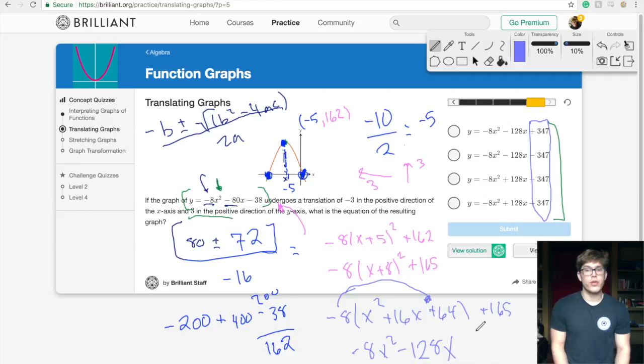So is it going to be plus 347 or minus 347? Well, it has to be minus 347, as 8 times 64, I'm not sure what that is in my head, but I do know that it's much larger than 165. Therefore, B, the answer where they're all negative, must be the answer.